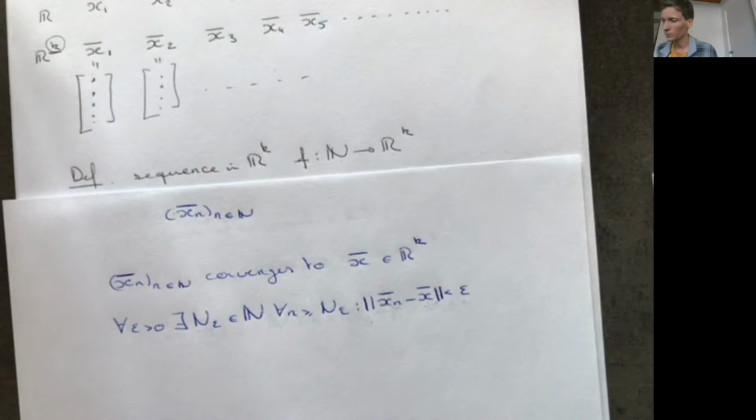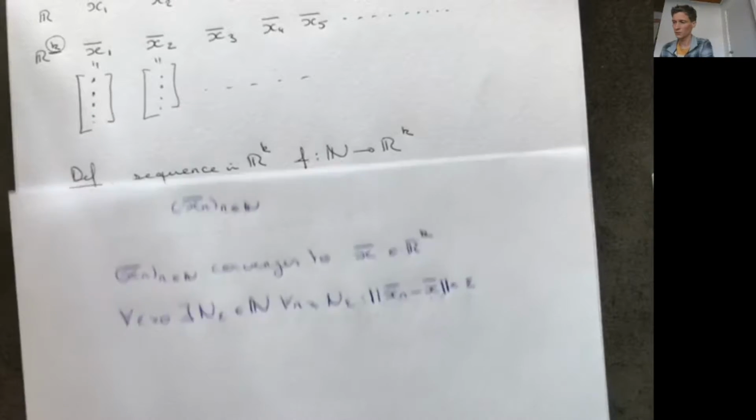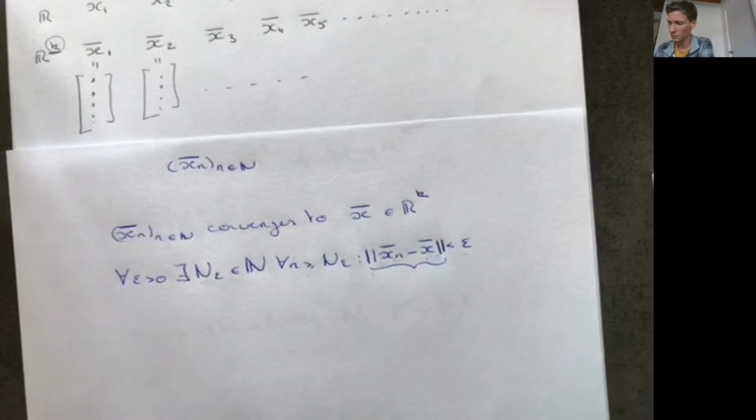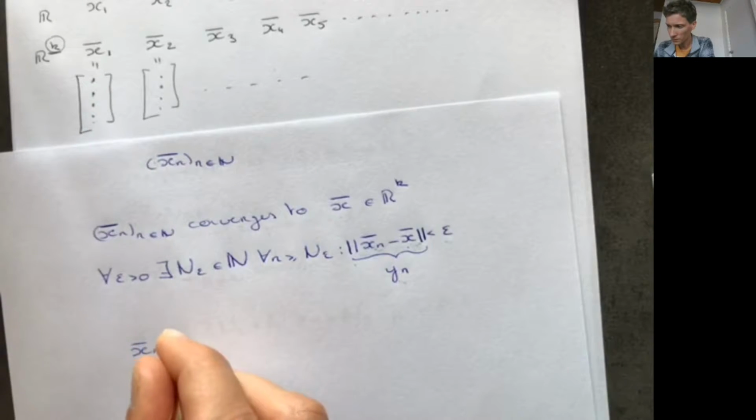So the distance between the sequence xn and the limiting vector x goes to 0. And you see that this is simply a number, so we can, for example, call this the number yn. From this it's easy to see that the sequence xn will go to x.